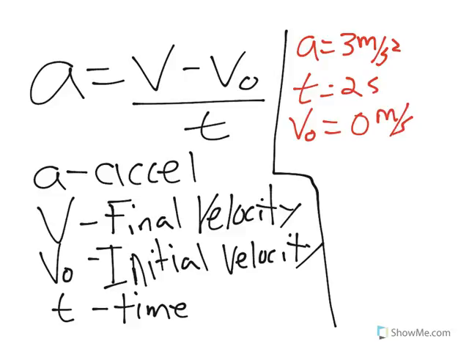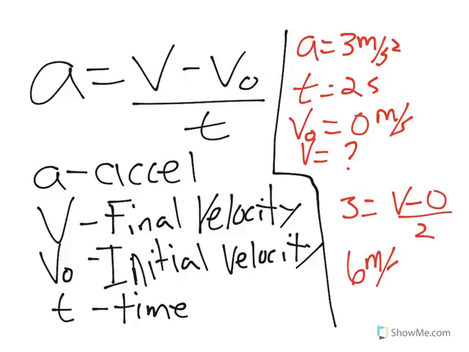So you can use this formula to solve for the final speed. We would do 3 = (v - 0)/2, and we could pretty quickly find that 6 meters per second would be the final velocity of this object. All right, just one quick little example of how to use this formula. There are a multitude of others, but just as an example for this video, that's what I'll use.